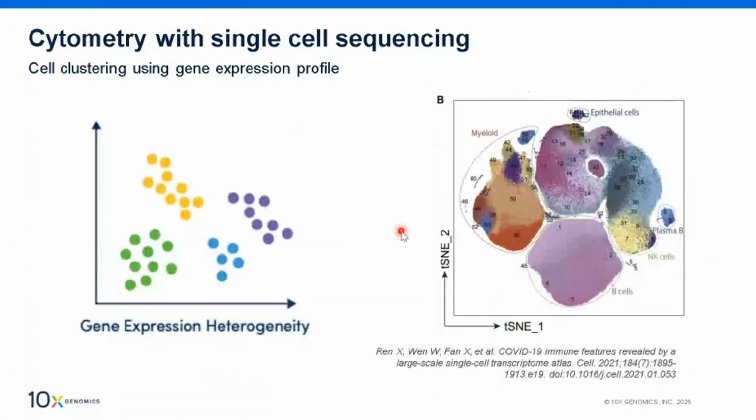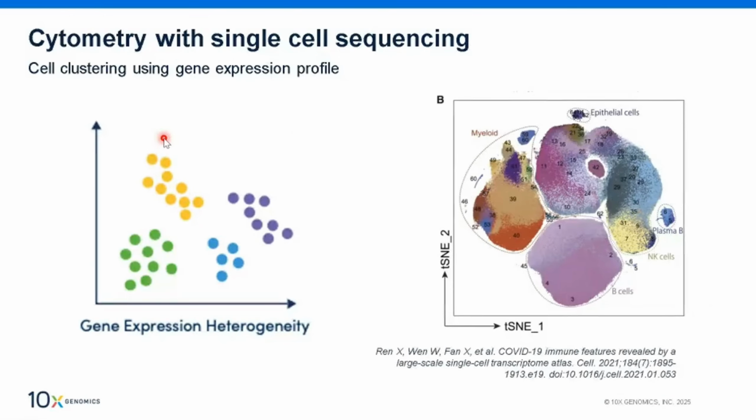Here I would like to share with you an example of a single cell sequencing result. Over here, cells will be displayed based on their gene expression profile. Let's say each individual dot here is a single cell.